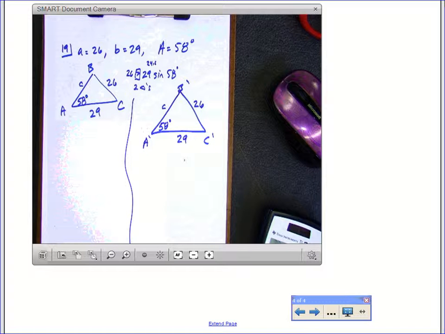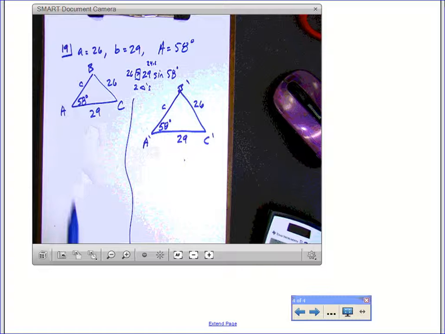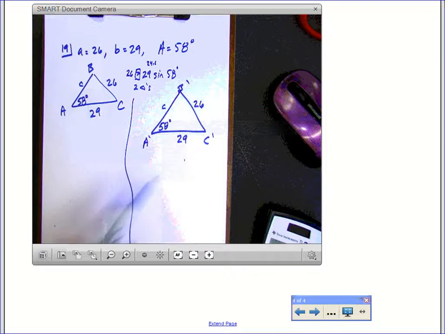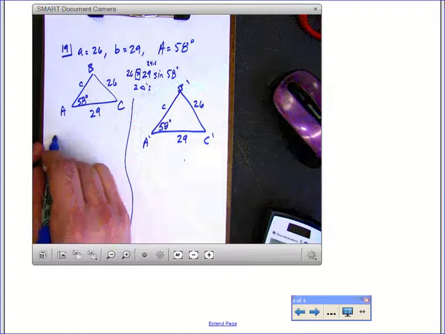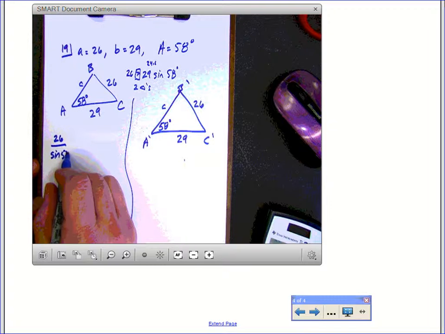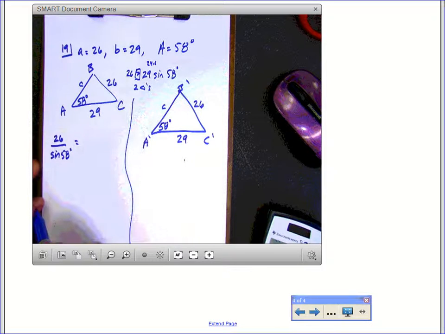All right, now we're going to find an angle here. What angle can I find? B, because I have the 29 across from it, and the A ratio is going to help me find it, right? So 26 over sine 58 equals what?